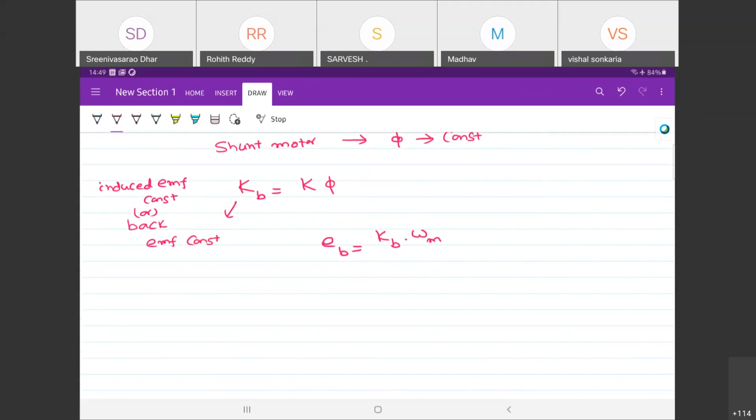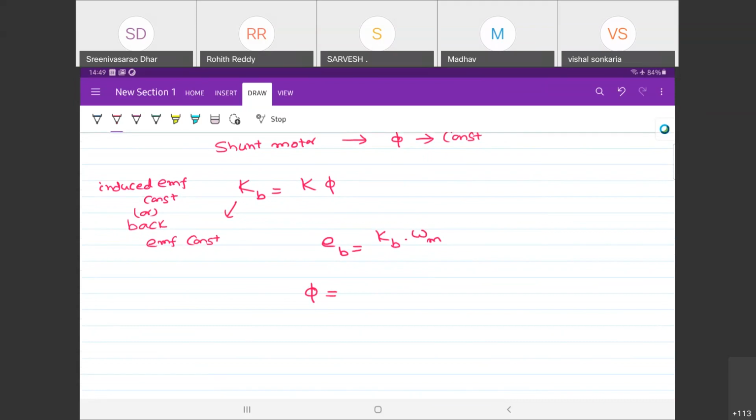Now, how can this flux phi be defined? It exists in the field winding. The normal formula for flux is ampere turns divided by reluctance.